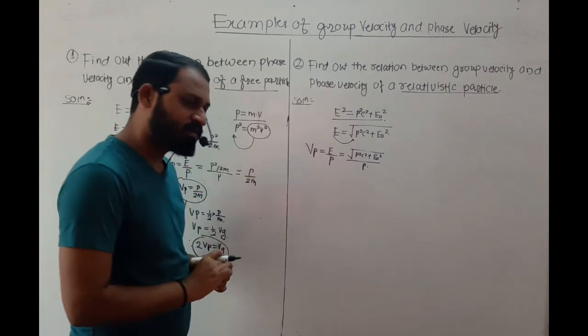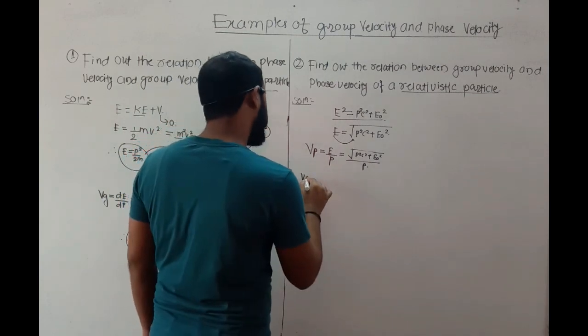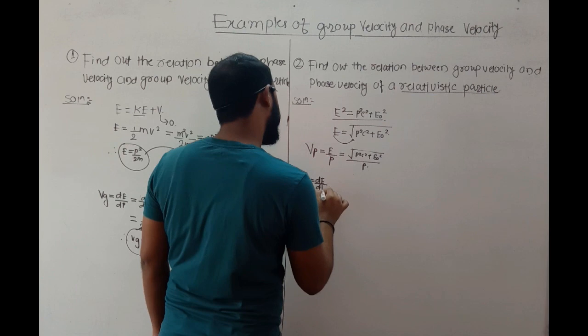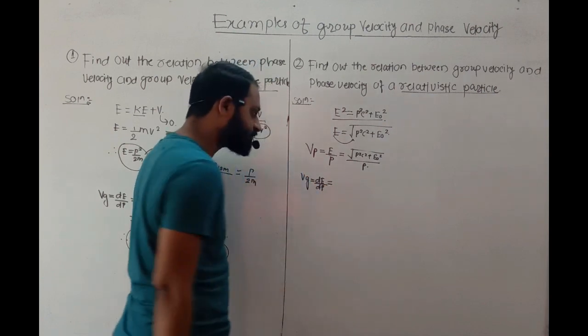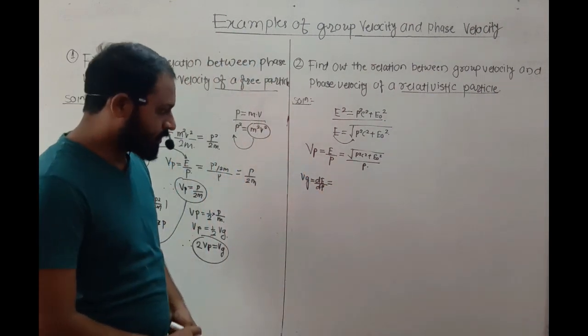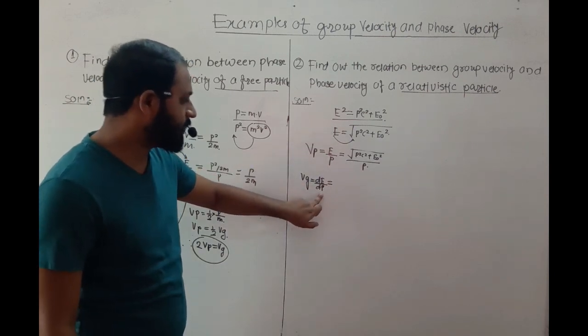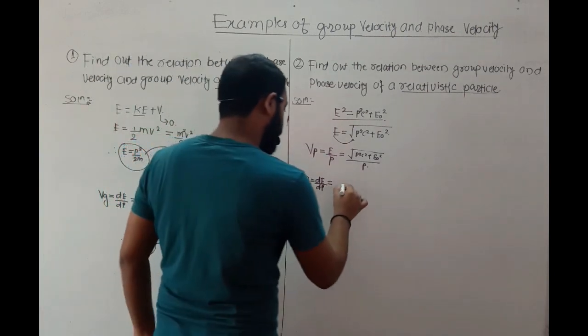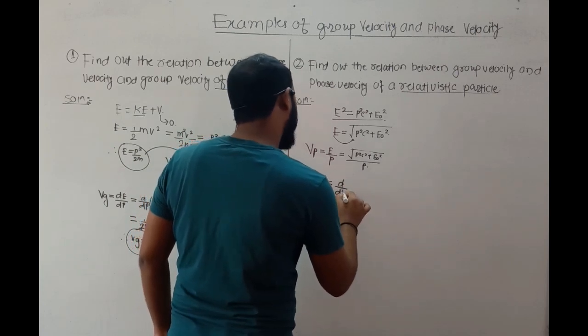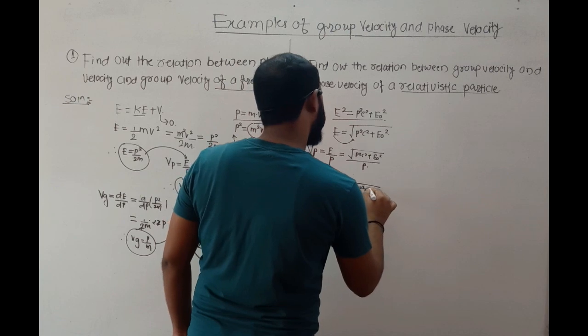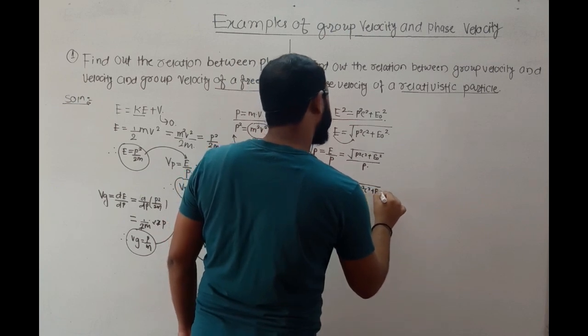Now how to find Vg? Vg equals dE by dP. This is the relation for group velocity. Now we have to take the differentiation of E with respect to P. What is the value of E? Under root of P square C square plus E naught square.